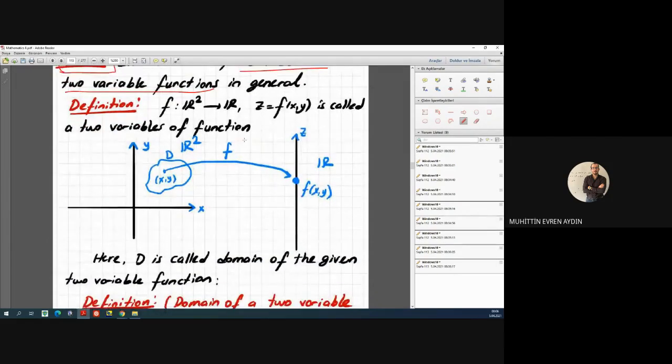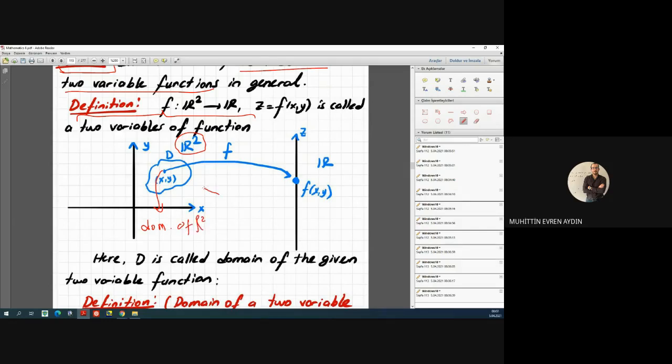Okay, here is a diagram for two variable functions. As you can see, the number of variables is 2. Our domain is R2. So the domain is in the plane, D, this set. This set is a domain of R2.